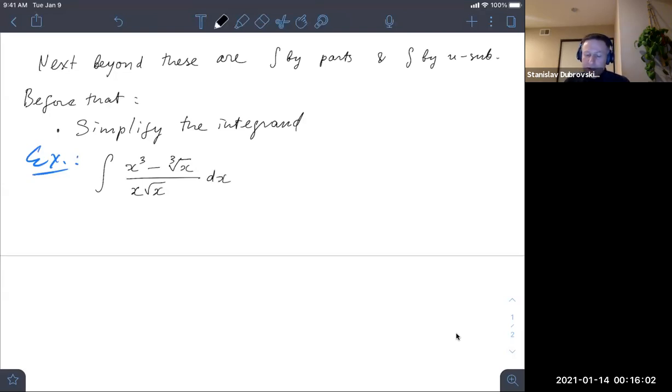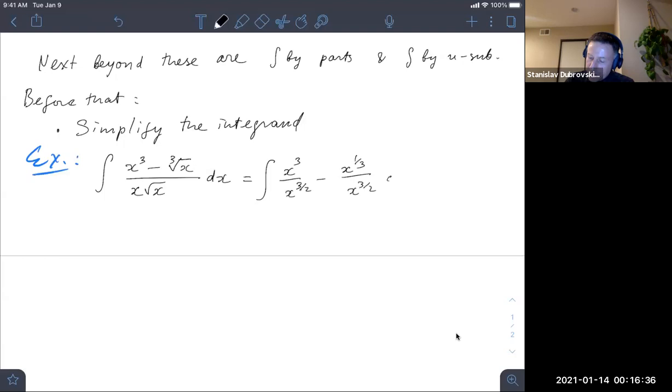Looks pretty intimidating, and it doesn't look like any of the techniques that we've seen before apply. It's not a product, it's not a rational function either. But if you simplify, just do some algebra, what can you get here? If you just write it as x cubed over x to which power do we have on the bottom? 1 plus another 1/2, 3/2, minus x to the 1/3 over x to the 3/2.